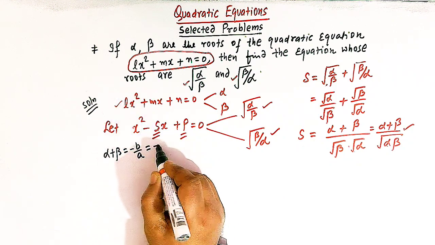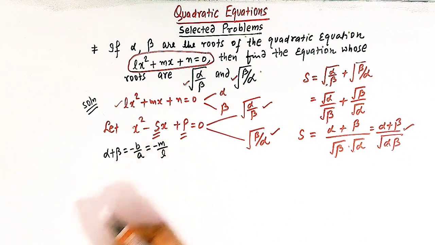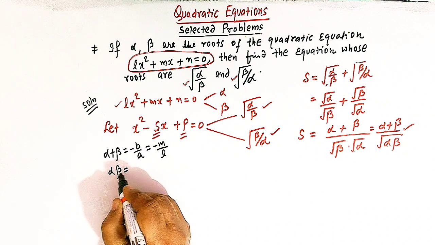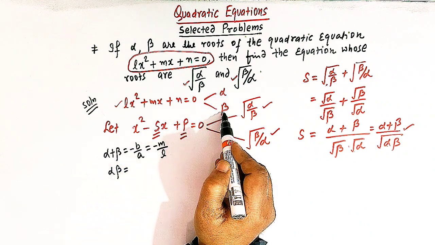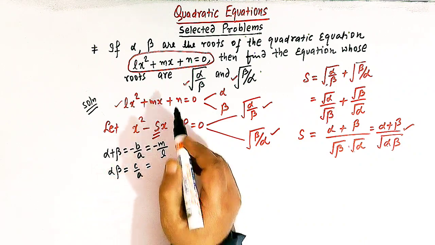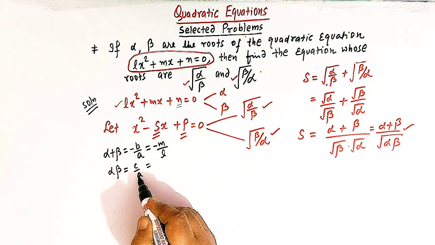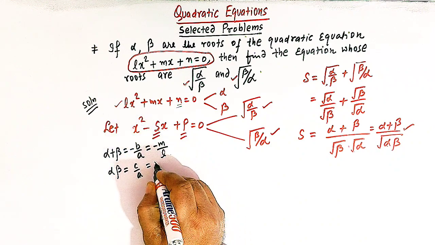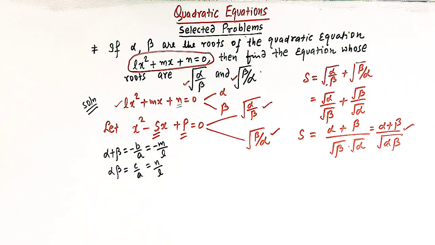So we have minus m over l, right? And similarly, alpha times beta is the product of these two roots. So this is given by c over a, where c is the constant term and a is the coefficient of x square. So we have simply n over l, right?